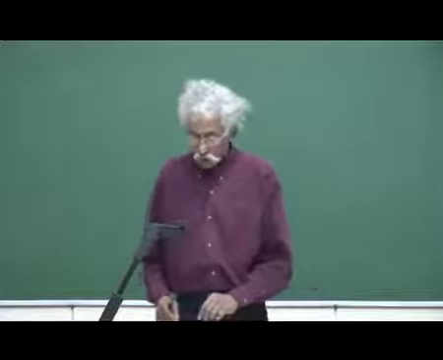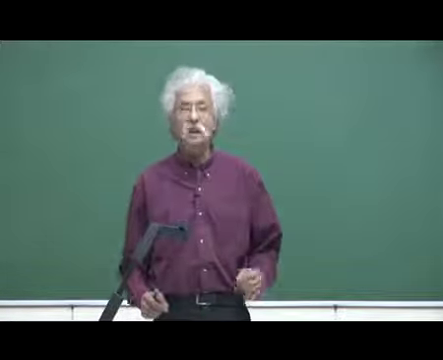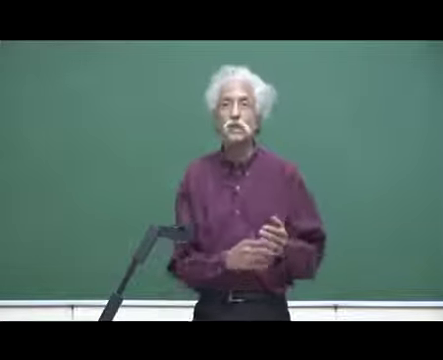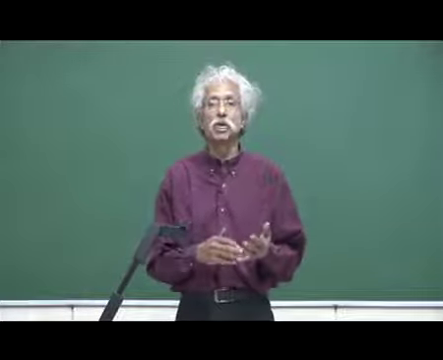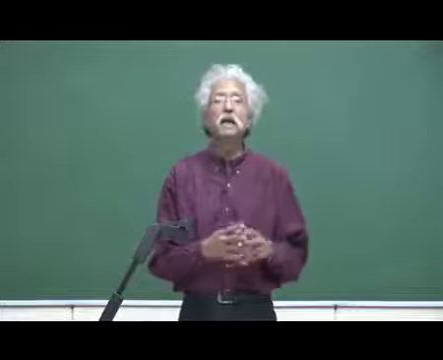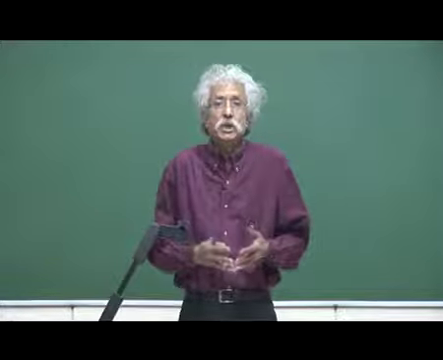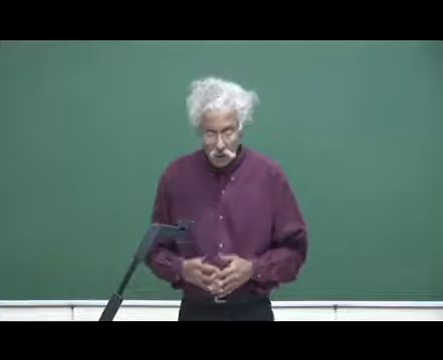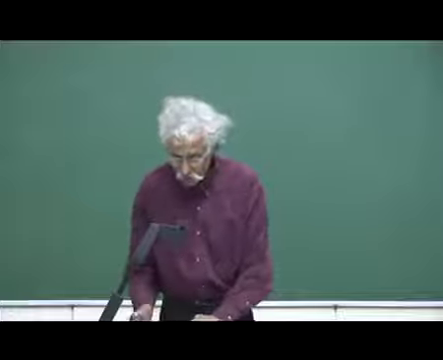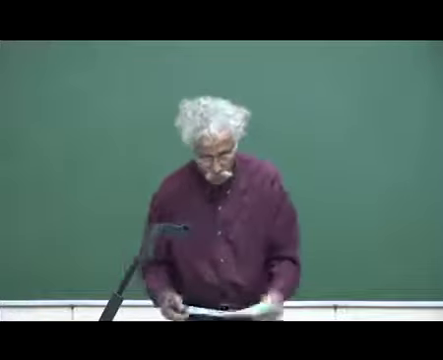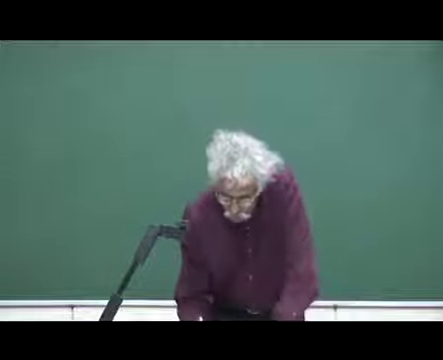Now, once I have got these electromagnetic waves, remember I have shown you long time back when we were discussing electrostatics and magnetostatics, that electric and magnetic fields have energy stored in them. So, energy in electromagnetic waves.